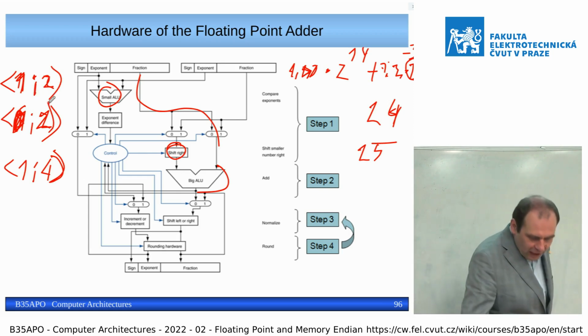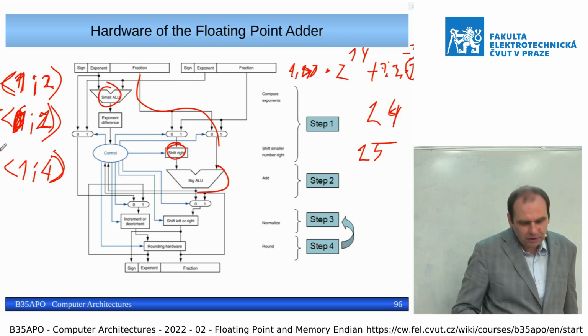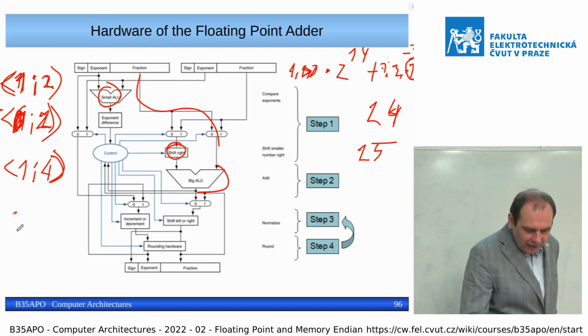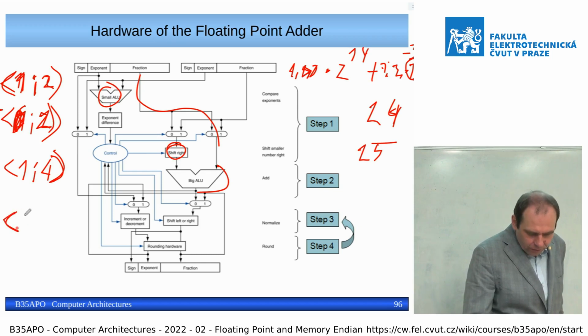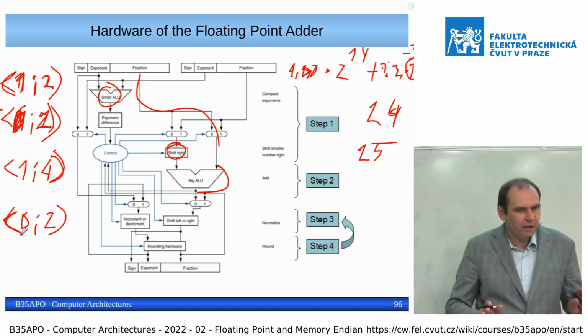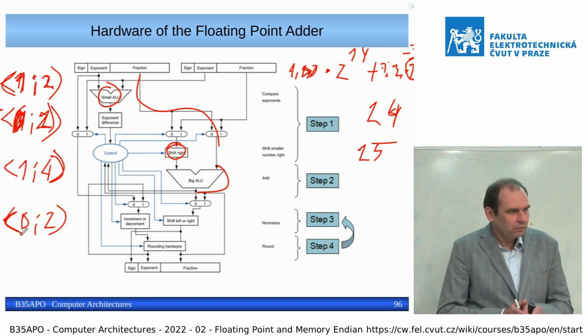If we subtract two numbers, and one is in this range and another one is in this range, what can happen? If we know which is bigger, then it is possible that we can have a value from 0 to 2. So if we add a positive and a negative value, it is possible that at the end we get even a 0.